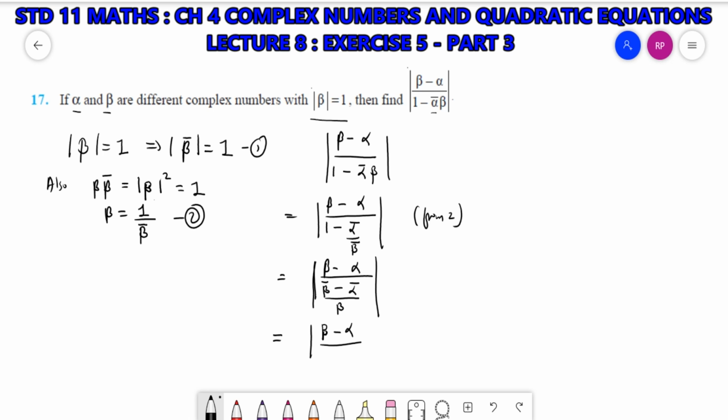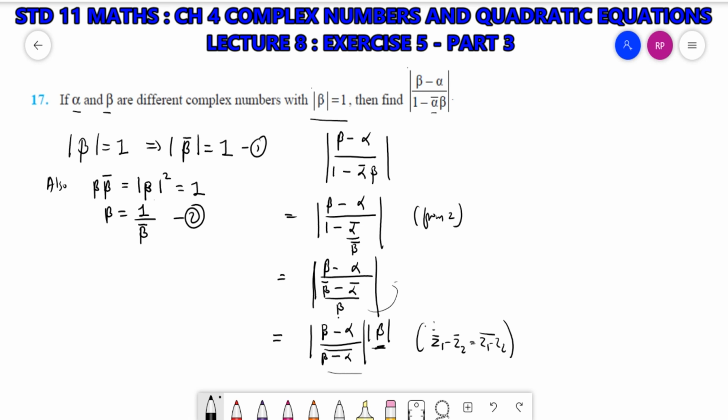Now see, beta bar minus alpha bar will be equal to beta minus alpha whole bar, and this beta bar I am taking here in numerator, that is modulus of beta. How does this work? Because conjugate of z1 minus conjugate of z2 is equal to conjugate of (z1 minus z2). Clear? So using that property.